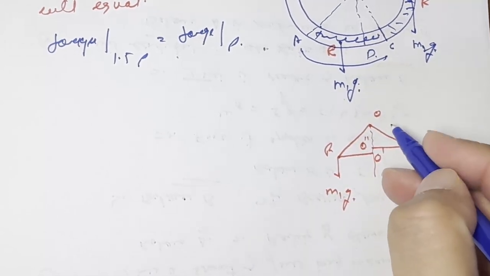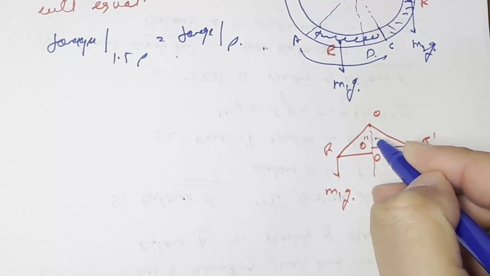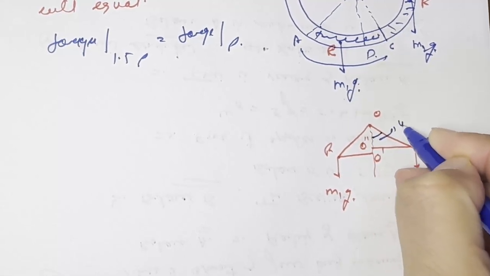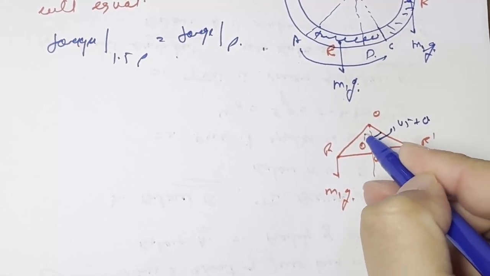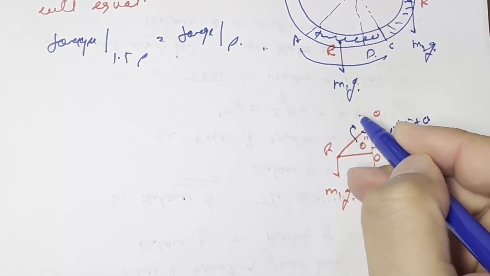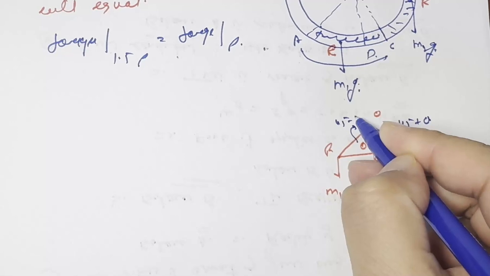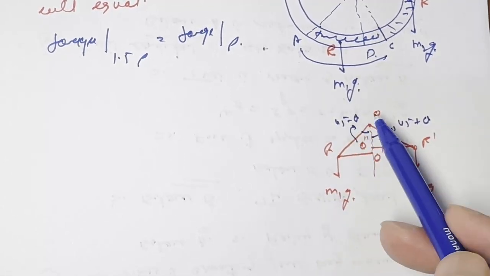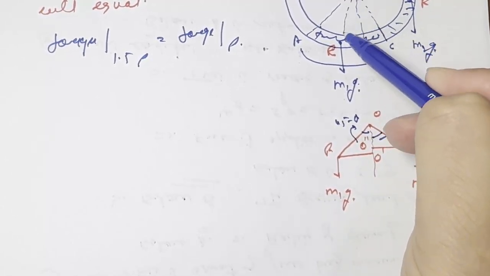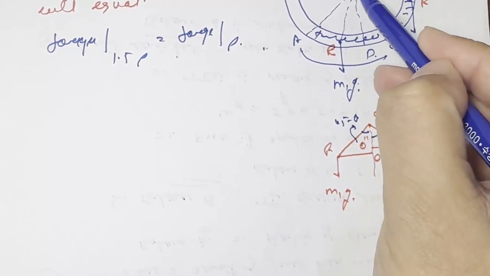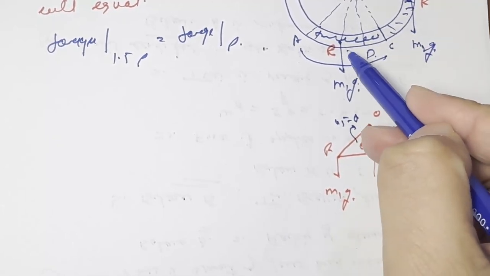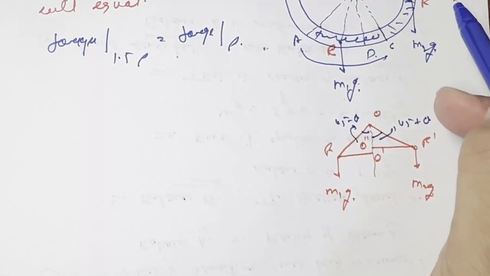And the angle between this will be 45 plus theta, and this angle will be 45 minus theta, the angle between the center of mass. So this is our R, and this is our R prime.